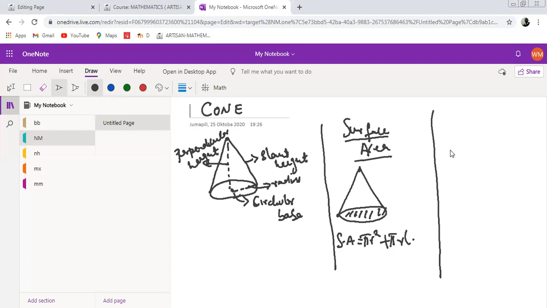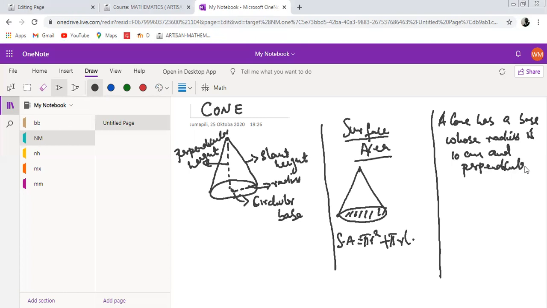For example, you can be told that a cone has a base whose radius is 10 centimeters and perpendicular height is 8 centimeters.